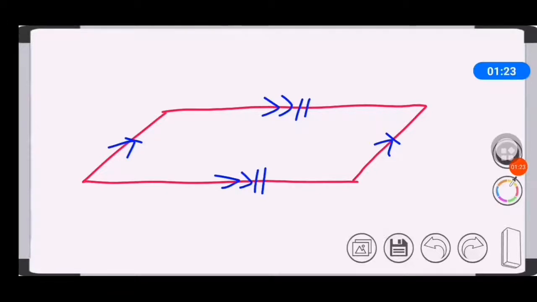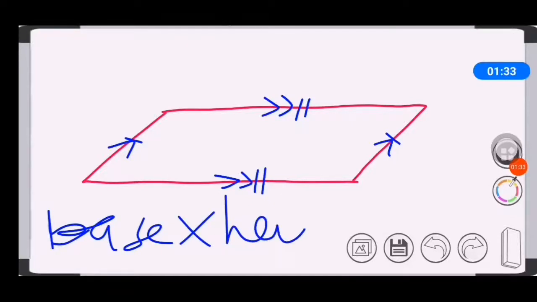Now remember, in finding the area of any shape, we did say that we need to find the base of that shape and multiply that by the height of the shape. So the area of a 2D shape is the base multiplied by the height.